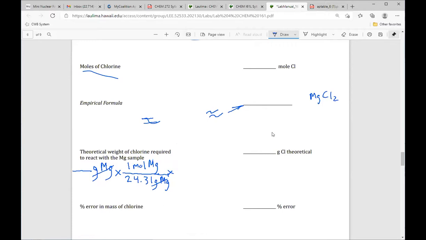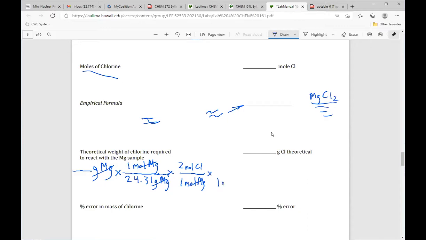So I could say that 1 mole of magnesium is equivalent to 2 moles of chlorine, according to this mole to mole ratio, right? According to the empirical formula that we know it should be. Does that make sense? So now we're in moles of chlorine, and then we want the theoretical grams of chlorine.